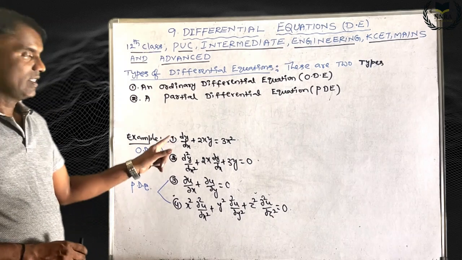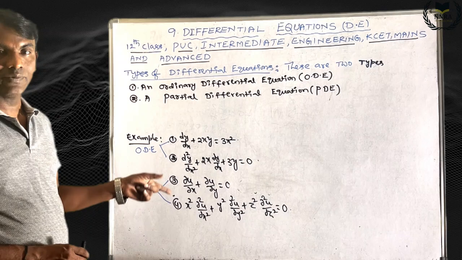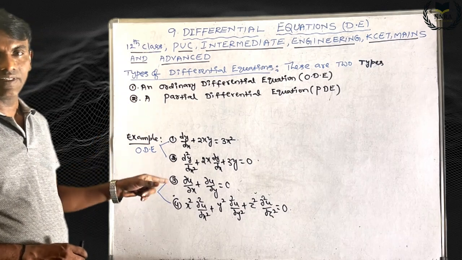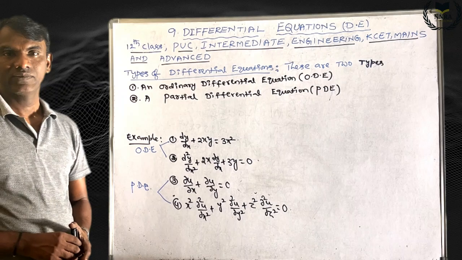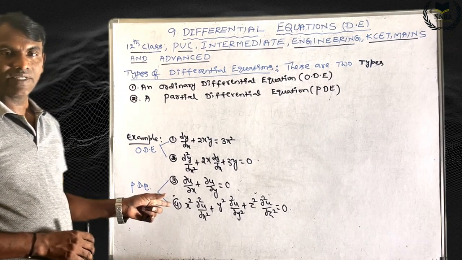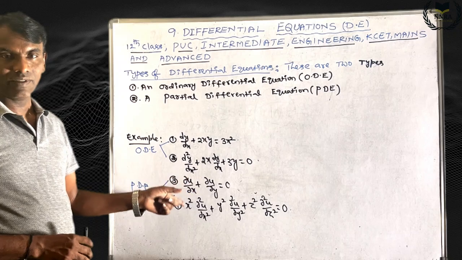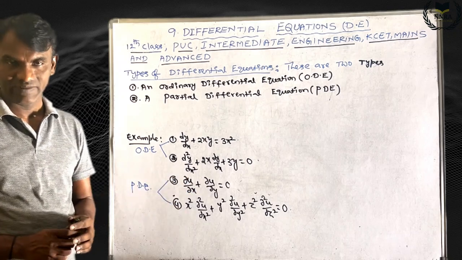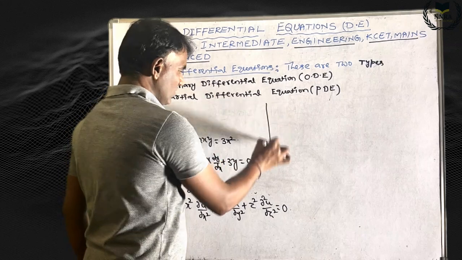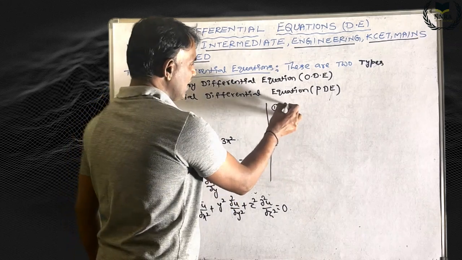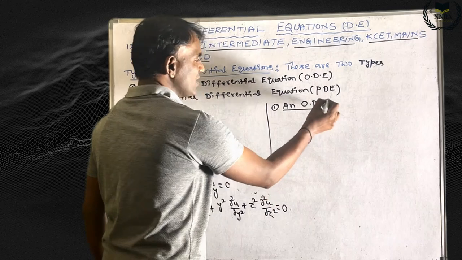Okay. So if the differential equation contains or involves or has only one independent variable, then it is called an ordinary differential equation. If the differential equation contains more than one independent variable, then it is called a partial differential equation. So now I am writing the definition here. What is the first one? An ordinary differential equation. So what is the definition?